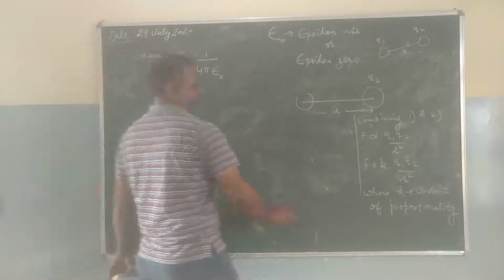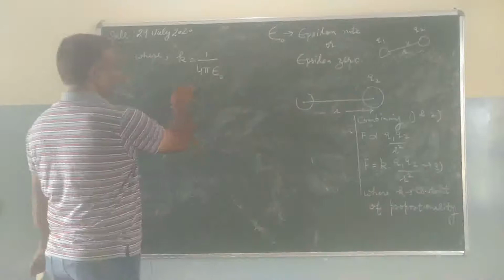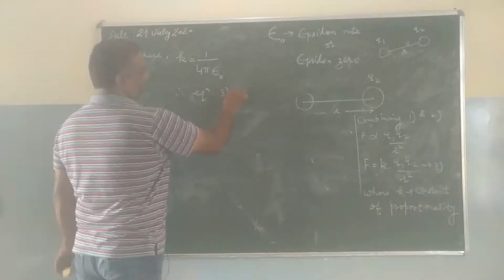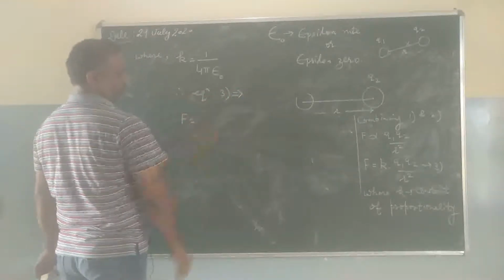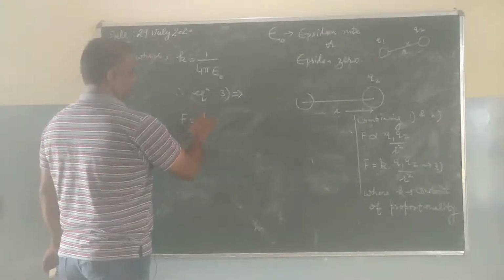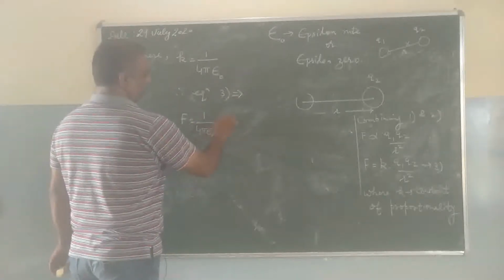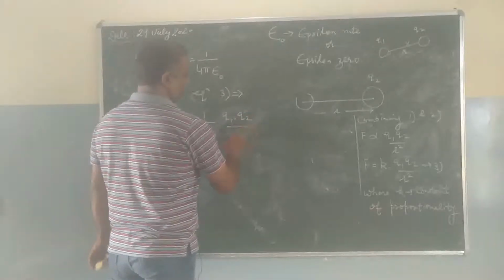Now put its value here. So therefore equation number 3 becomes F equals, put the value of K, the constant of proportionality, 1 upon 4 pi epsilon naught Q1 into Q2 divided by R square.